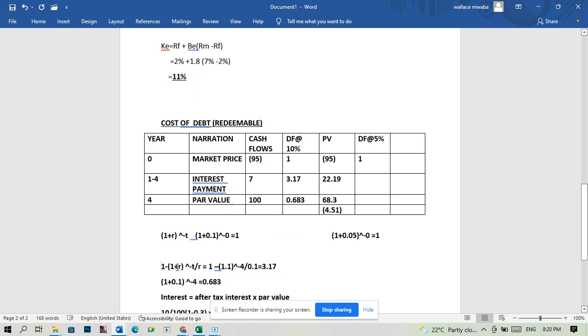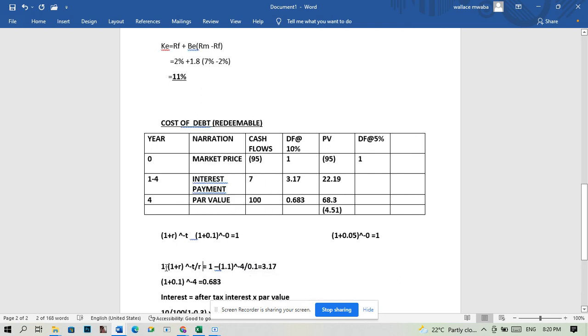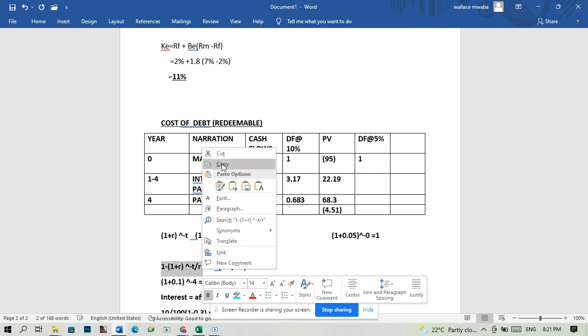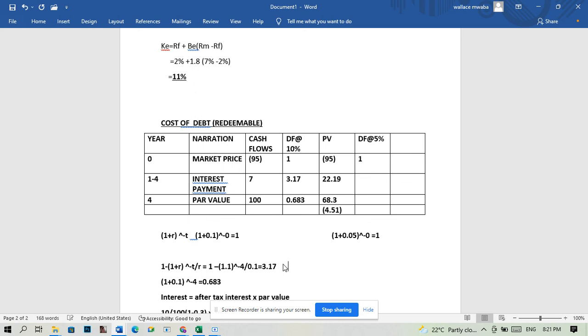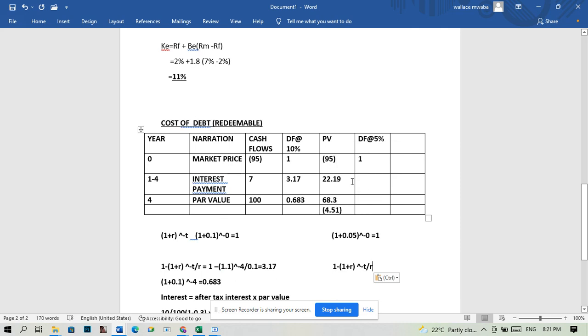It's now 0.05. So it's going to be 1 minus 1 plus 0.05 to the power negative 4, divided by 0.05. Tell me what value you get.